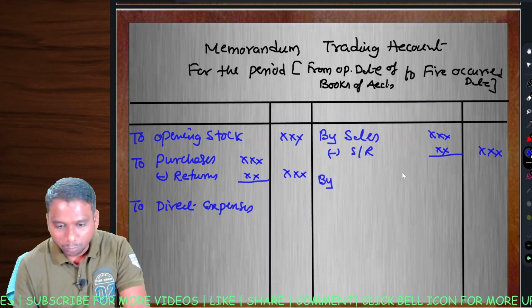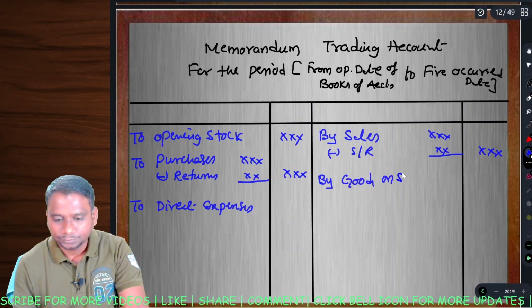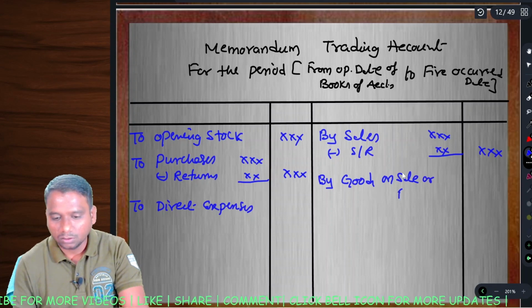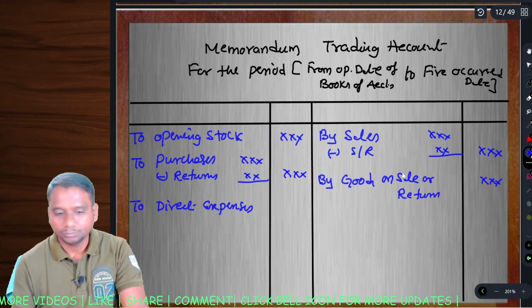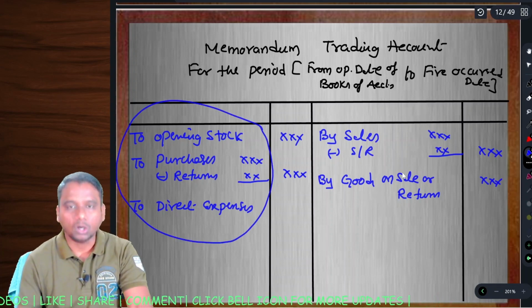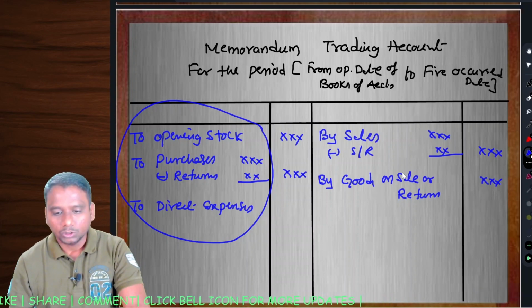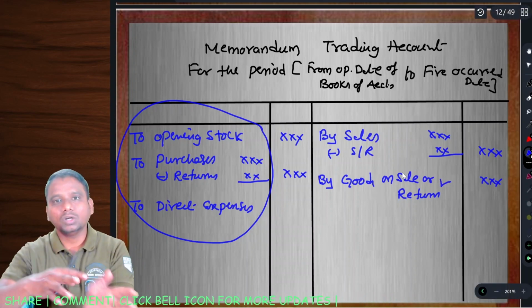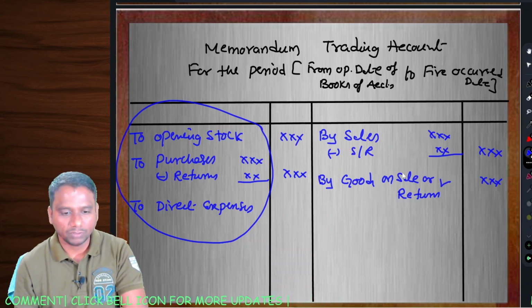Now, if you have sent goods on sale or return, because out of these purchases and opening stock, some goods are sent on sale or return basis, you are writing it on the credit side, which means you are reducing the cost of goods sold. Okay, fine.